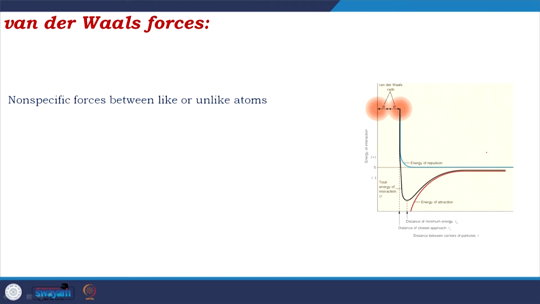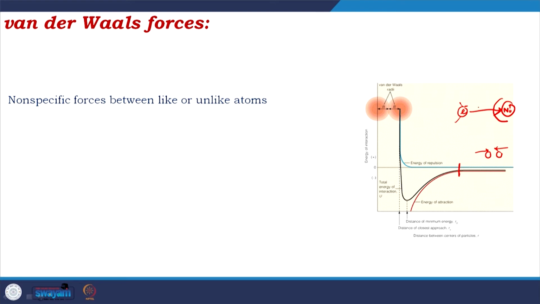If you have two atoms coming together, initially the electrons of one attract the nuclei of the other. So, when it starts from this point, because of this attractive force, the energy is reduced. So, this is the energy of attraction between the electrons and nuclei.